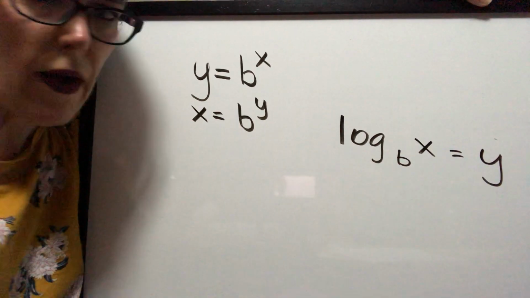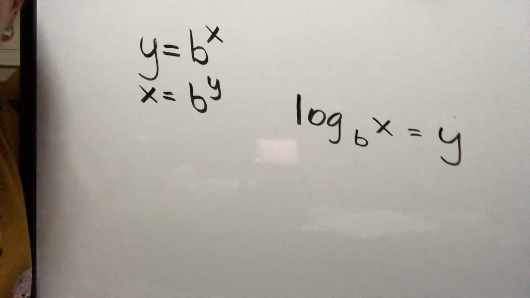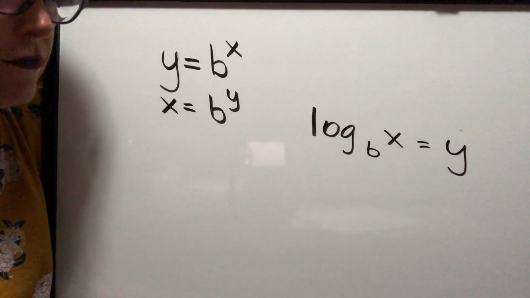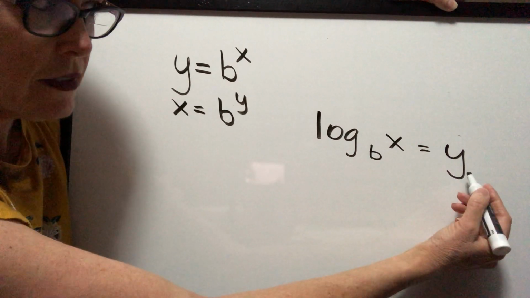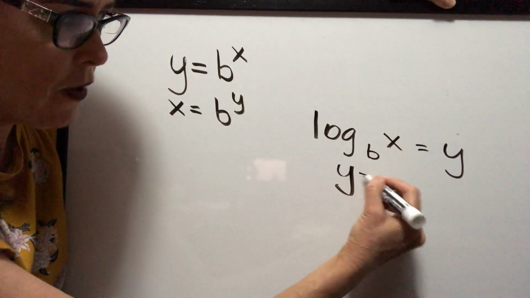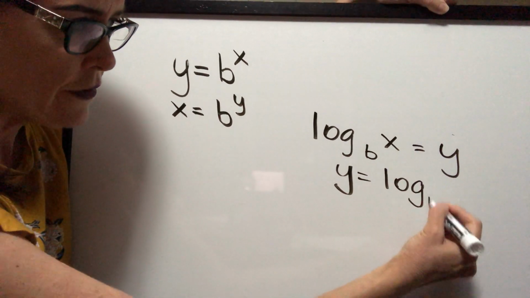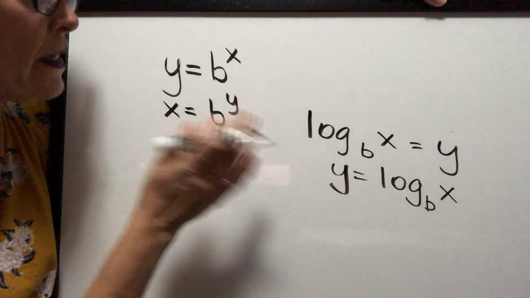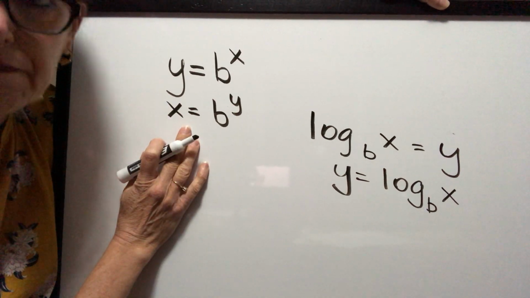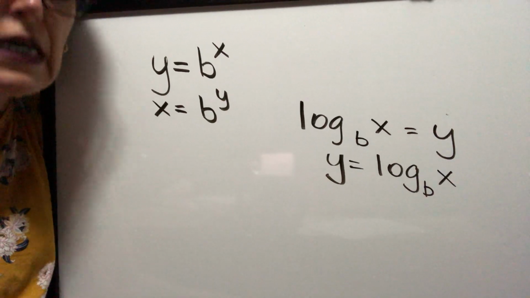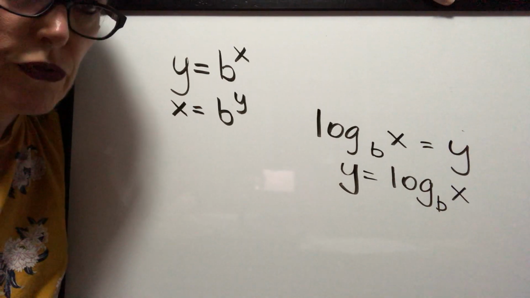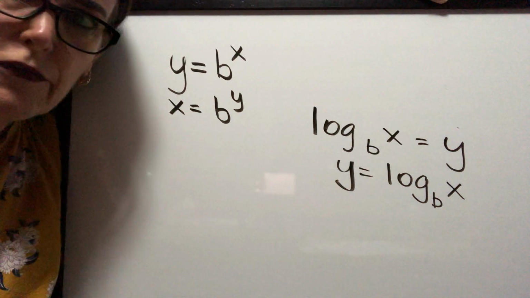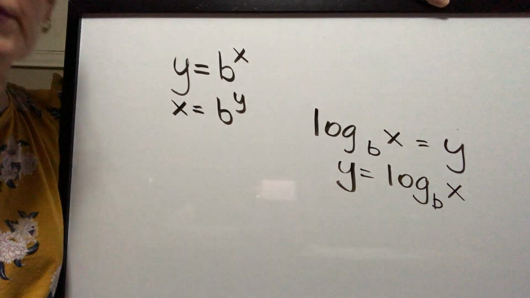Notice that the y is isolated now, which is what you want to do when you find the inverse. You may see it written in this form, or it could be switched around with the y here and the log on the other side. Either way, this would be considered a logarithmic equation, and this is exponential. In the first two examples, you have to switch back and forth from one form to the next. So let's go over that now.